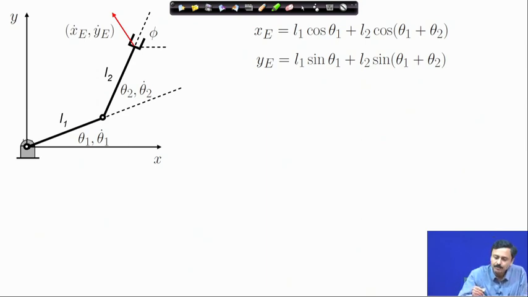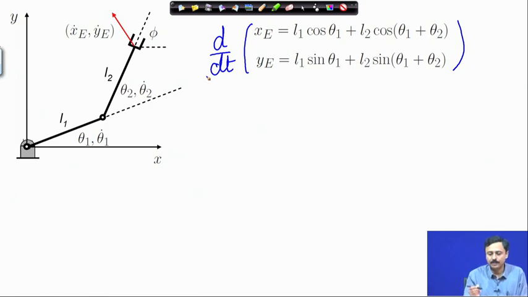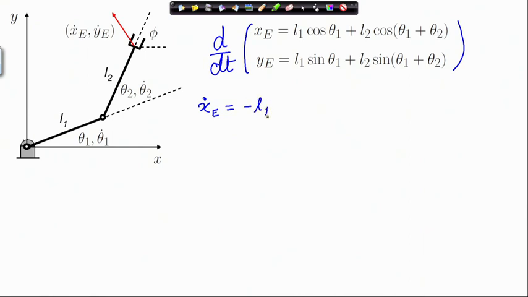Once again, the forward kinematic relations of this manipulator. If I differentiate both sides of these relations with respect to time, from the first relation what I have is x e dot, which is d dt of x e, equal to minus L 1 theta 1 dot sine theta 1.